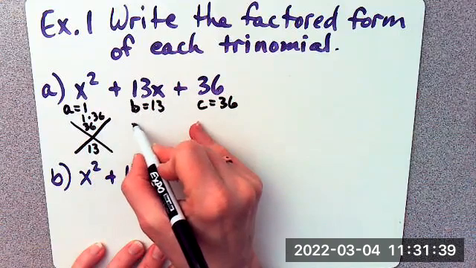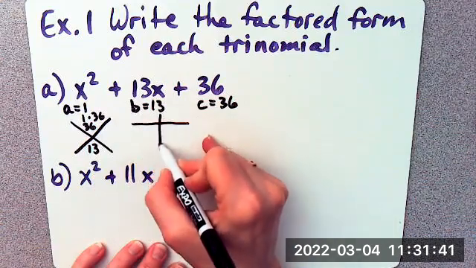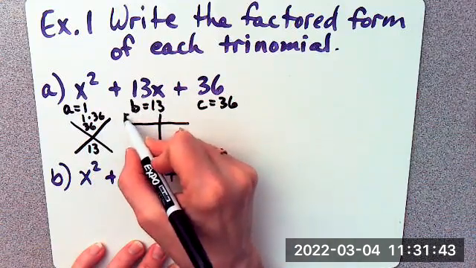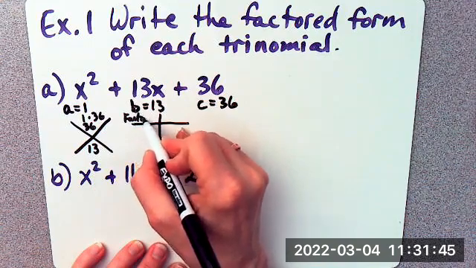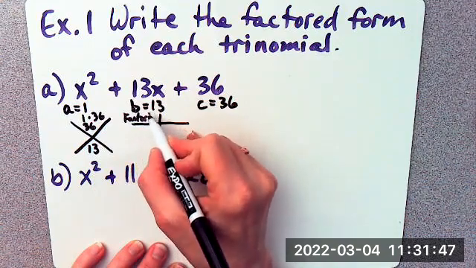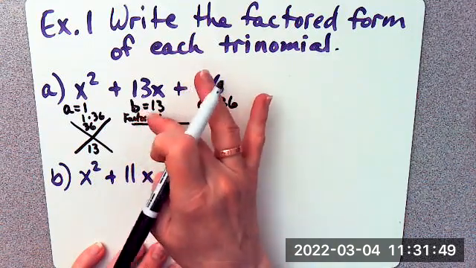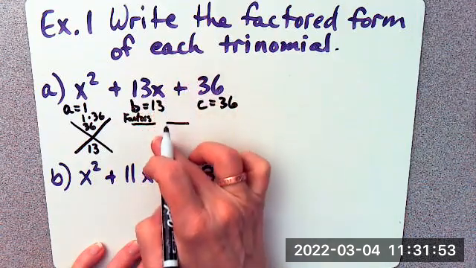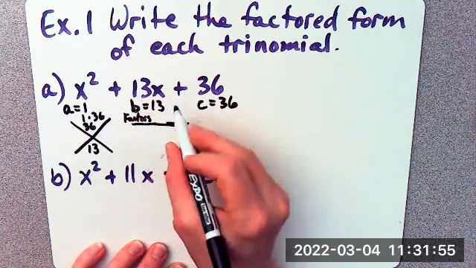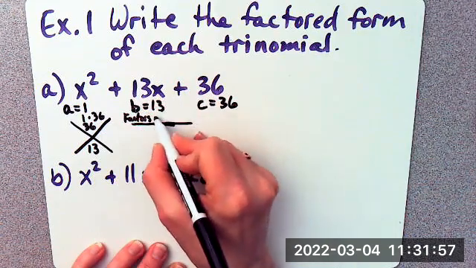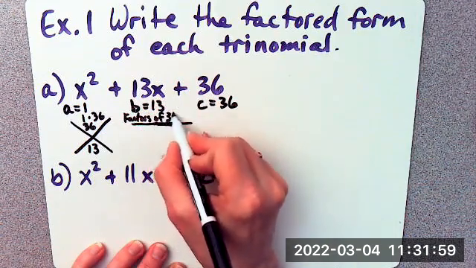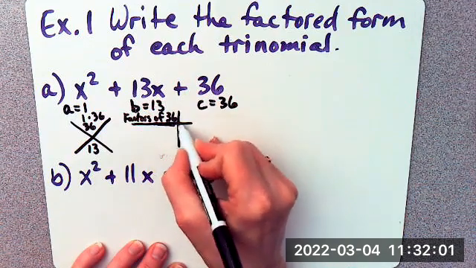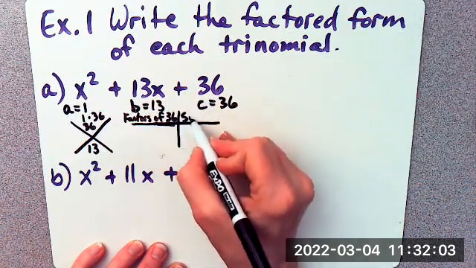Then we look at things that are factors of 36, and the sum of the factors goes here.